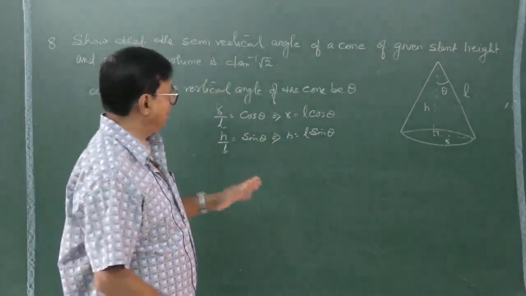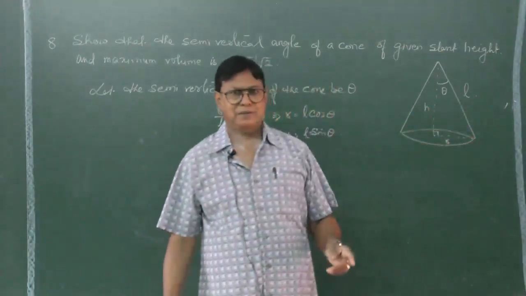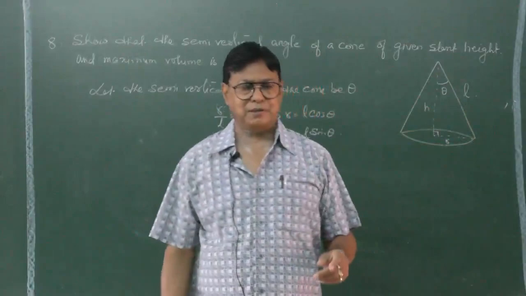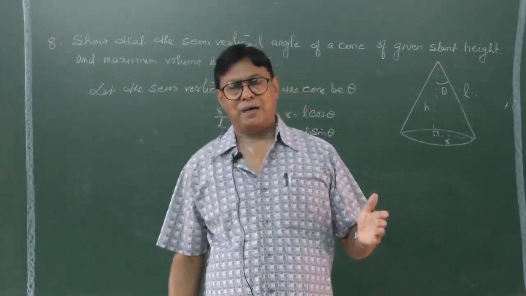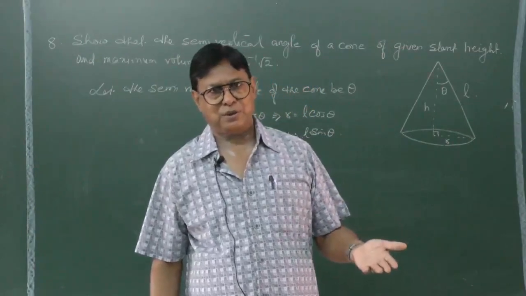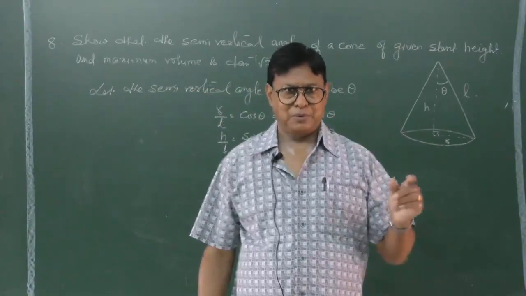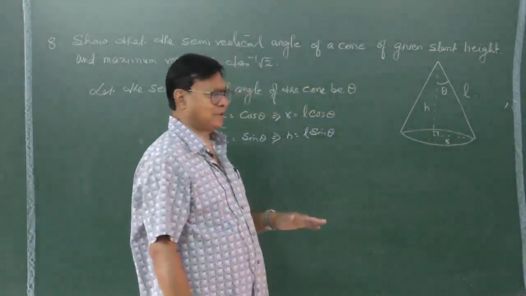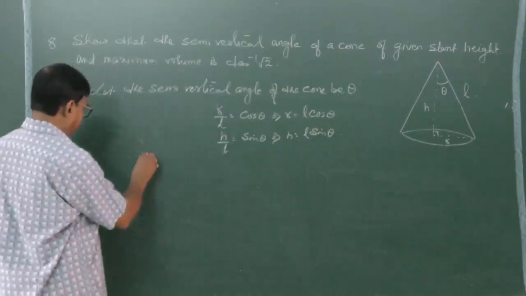You can also take r and h and get a relation from here, but then you will get a square root, because the relation will be r square plus h square equal to L square. So r will be root over L square minus h square, h will be root over L square minus r square. So there will be two square roots, and differentiation may be a little lengthier.